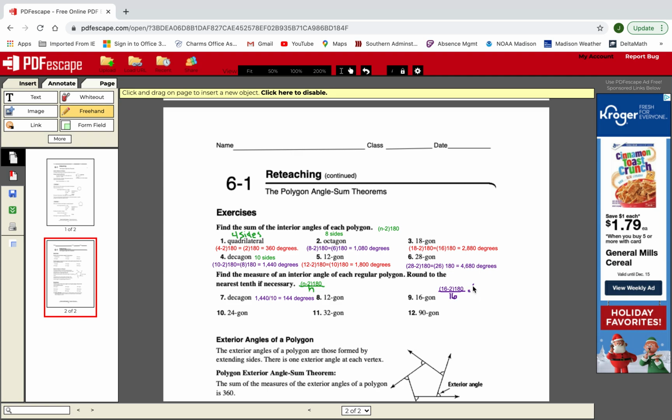So we're going to do 14 times 180, and whatever we get, we'll divide that by 16. So here we're just doing the math. 14 times 180 gives us 2,520. We divide that by 16.